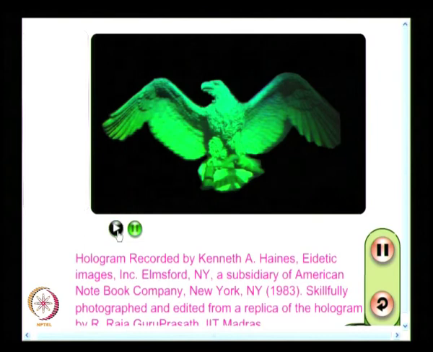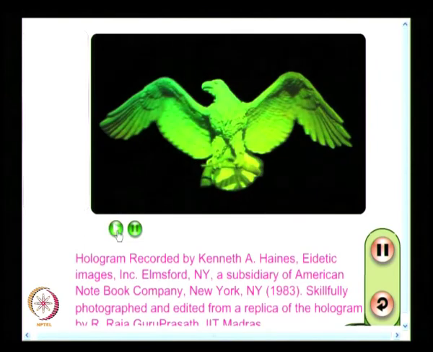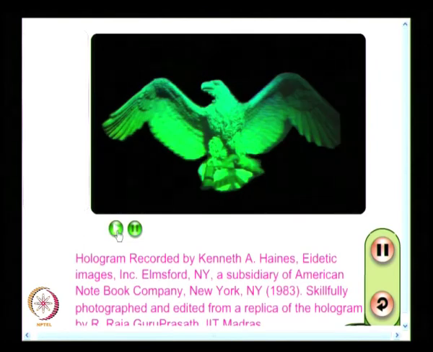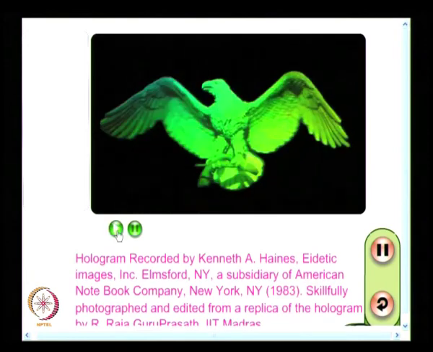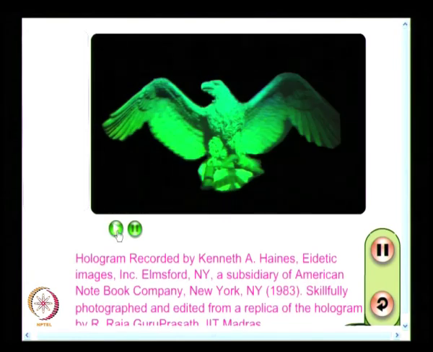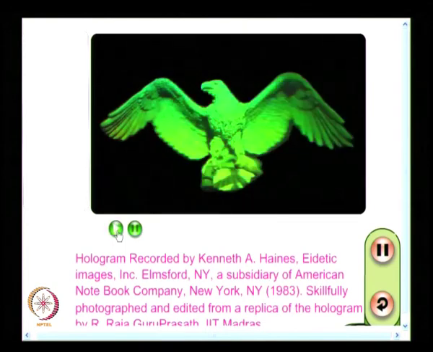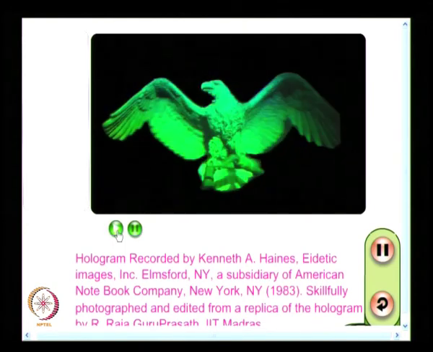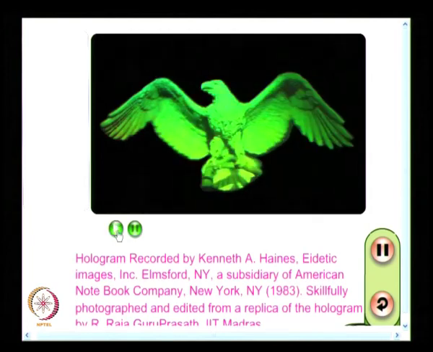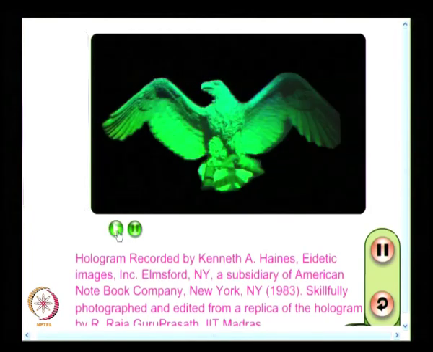And what you have here is, if I move my head horizontally, I will repeat it again, you could see beautifully the 3-dimensional depth of the eagle. Could you see that? I will repeat it again. You are able to see this, and this hologram was recorded by Haynes of ID-Tech Images.